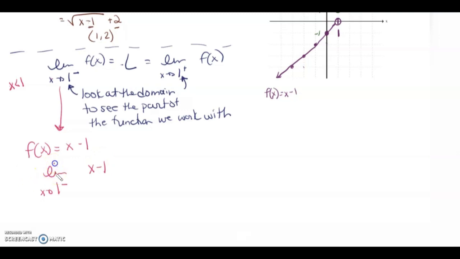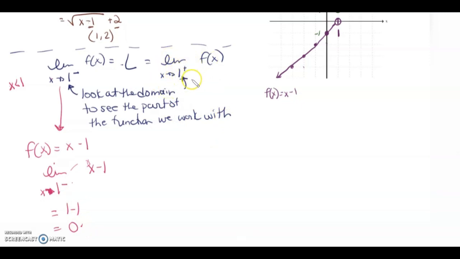And remember, when we write the limit as x approaches 1 from the negative side, as soon as we sub this in, we drop the limit. So 1 minus 1 equals 0. So we can say the limit as x approaches, this is an arrow, sorry, 1 from the negative side is 0.